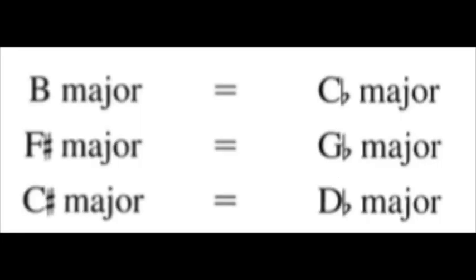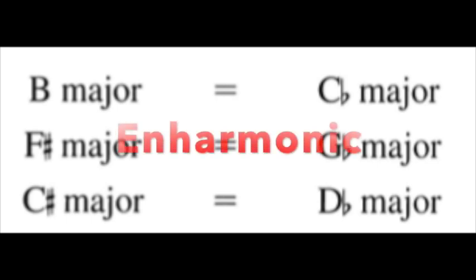You may have noticed that there are 3 pairs of major keys that would sound exactly the same. That is, they would be played on the very same keys of the piano keyboard. They are B major and C flat major, F sharp major and G flat major, and C sharp major and D flat major. Notes that are spelled differently but sound the same are said to be enharmonic.